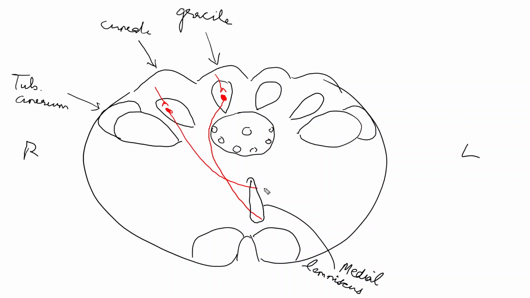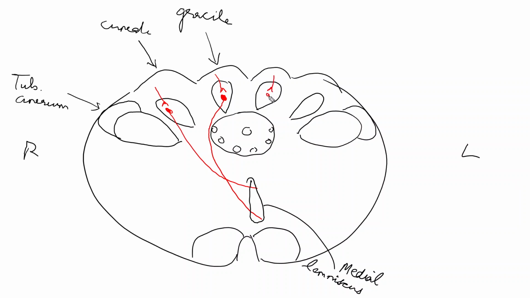So the upper part of the body is represented here, that is the upper limb and the upper trunk, whereas the lower trunk and the lower limb is represented in the anterior part of the medial lemniscus. The head and neck are not represented here. So the representation of body is that the lower part is represented anteriorly, the upper part is represented comparatively posteriorly in the medial lemniscus. Same thing will happen for the other side as well.